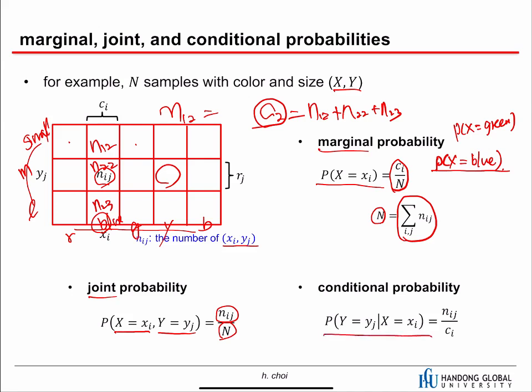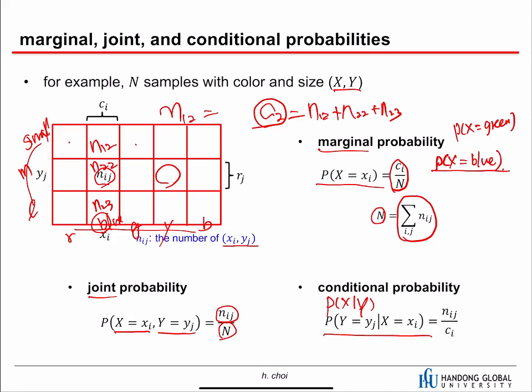And the conditional probability is something like this. We're interested in the probability of y given a specific x, or the other way around. So we are interested in some specific variable given a condition on the other variable. For example, we are interested in the probability of small samples when the color is blue.